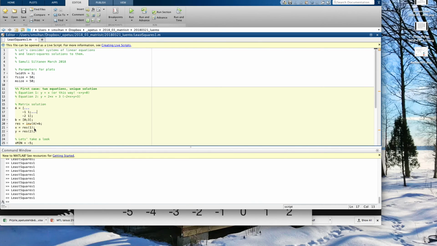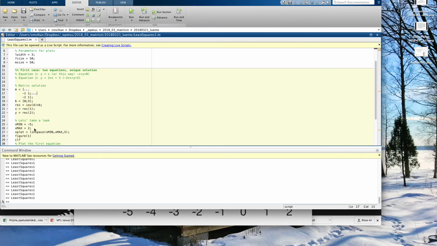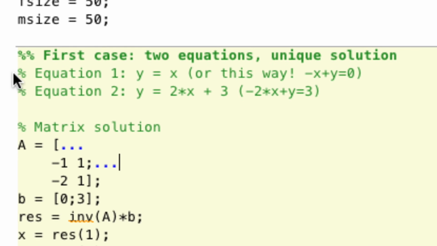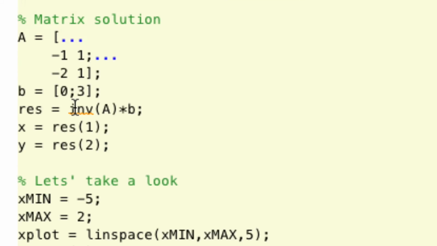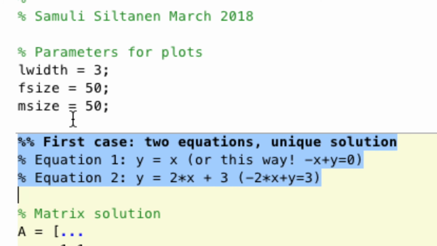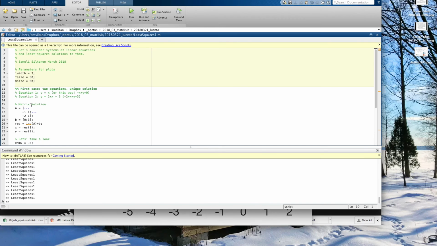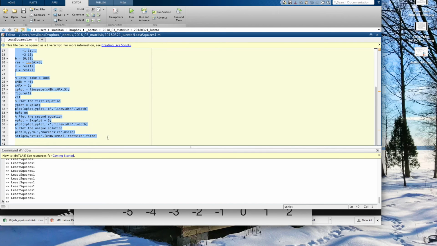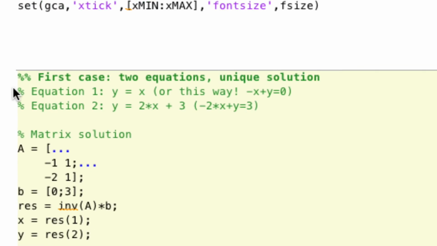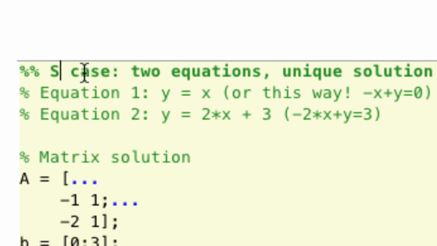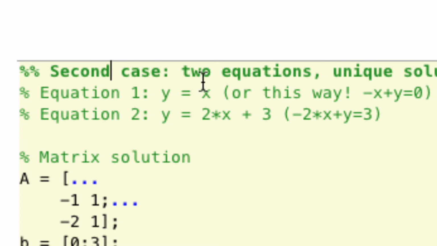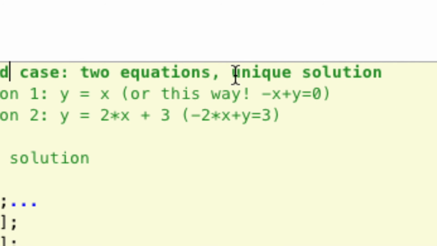Then, as our first example, let me just copy and paste the whole thing first, and then we have the second case. Two equations, no solution.